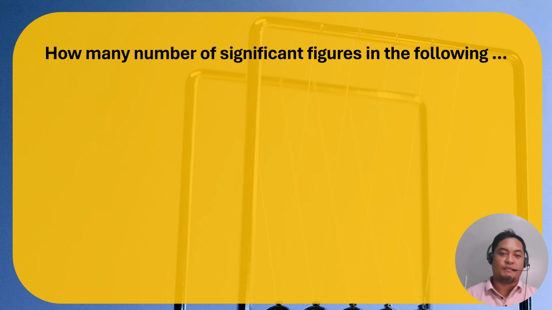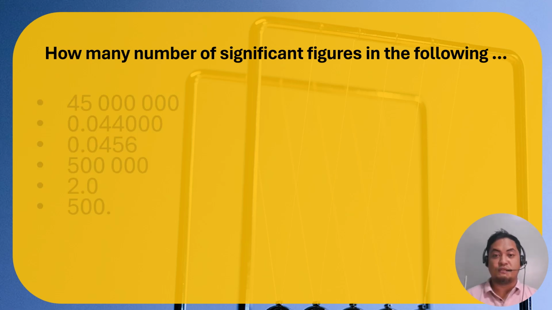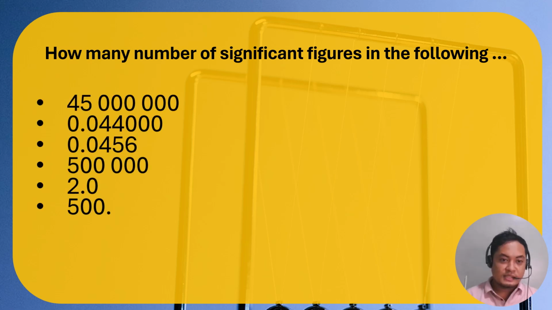Now, how many significant figures are in the following? In this case, you can incorporate the different statements you've learned in the past slides. In this number, let's focus on the zeros. They are located after the non-zero digit. We know these are insignificant because these are leading zeros before the non-zero.